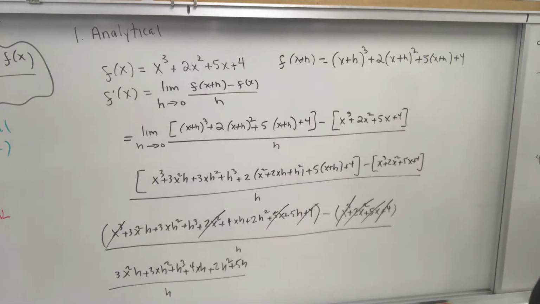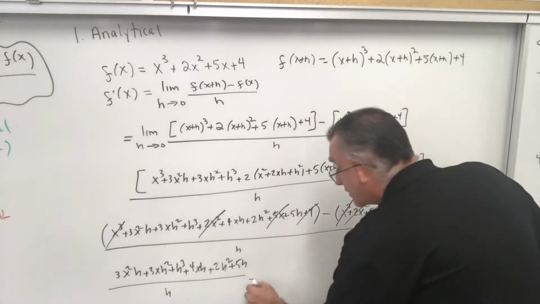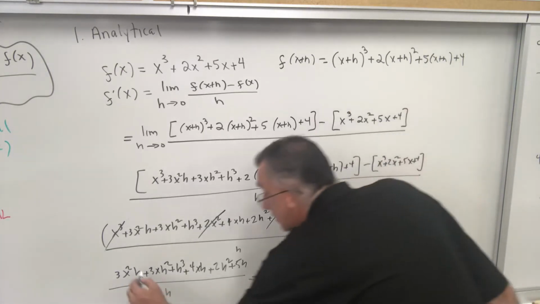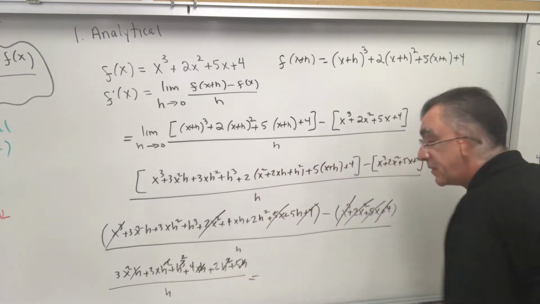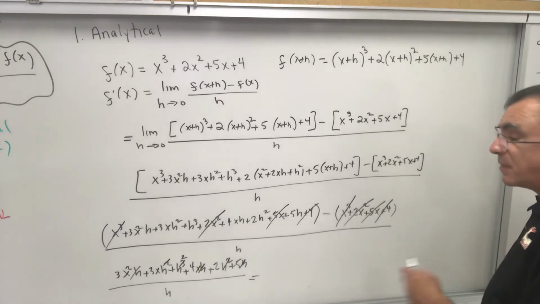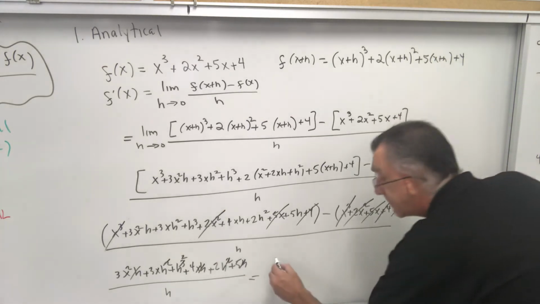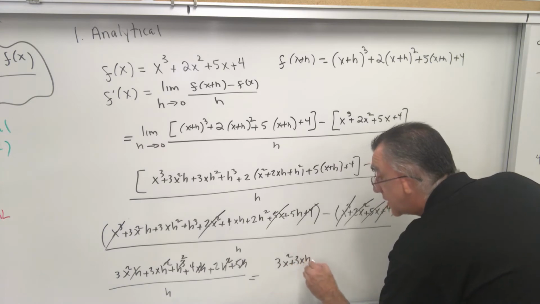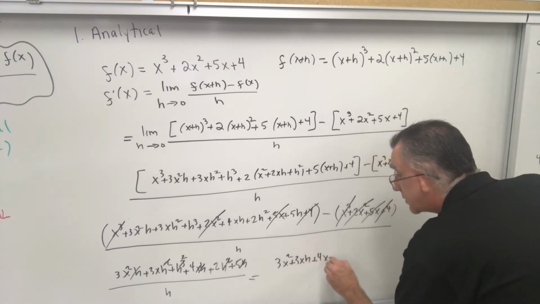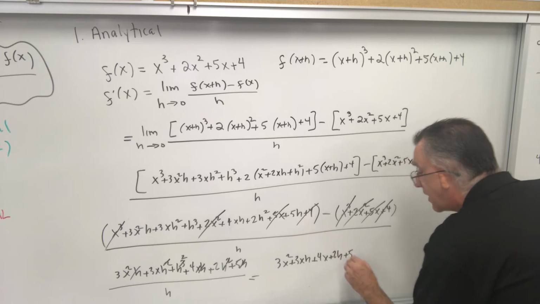Everything in the top has an h in it, so cancel it out with the one on the bottom. Some people factor the h out and then divide it, up to you. That gives 3x squared plus 3xh plus 4x plus 2h plus 5.